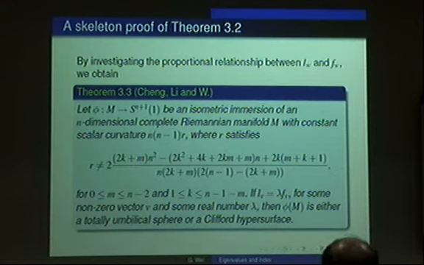This result means that if M is a complete, not compact, complete Riemannian manifold with constant scalar curvature, where R is not equal to these numbers, and if RV and FV satisfy this relationship, then phi M is either a totally umbilical sphere or a Clifford hypersurface.